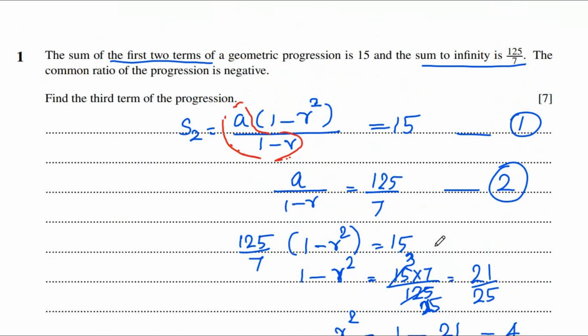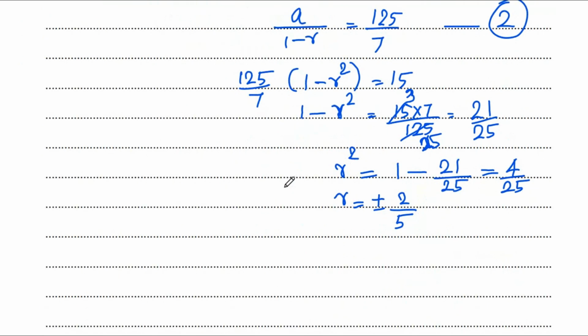It's given the common ratio of the progression is negative. Since R is negative, we will take R equal to negative 2 over 5.